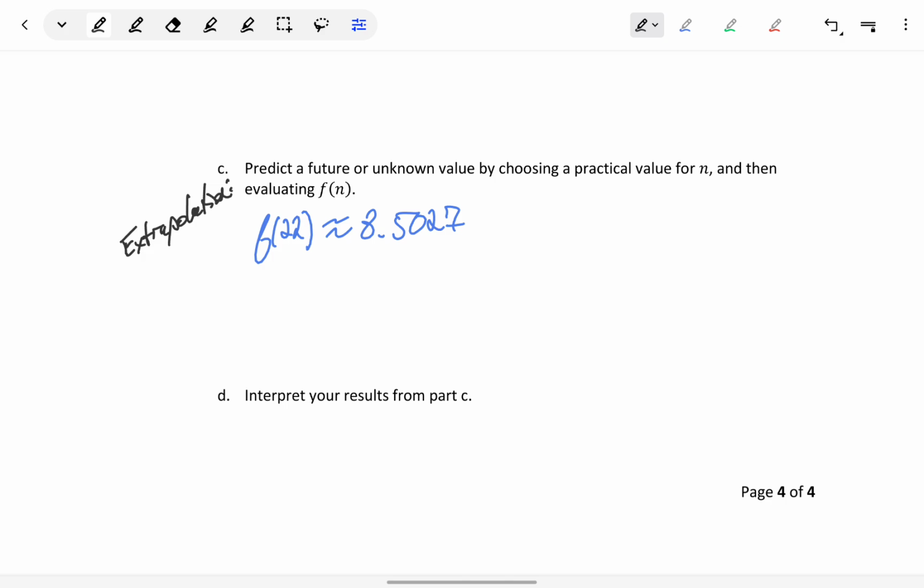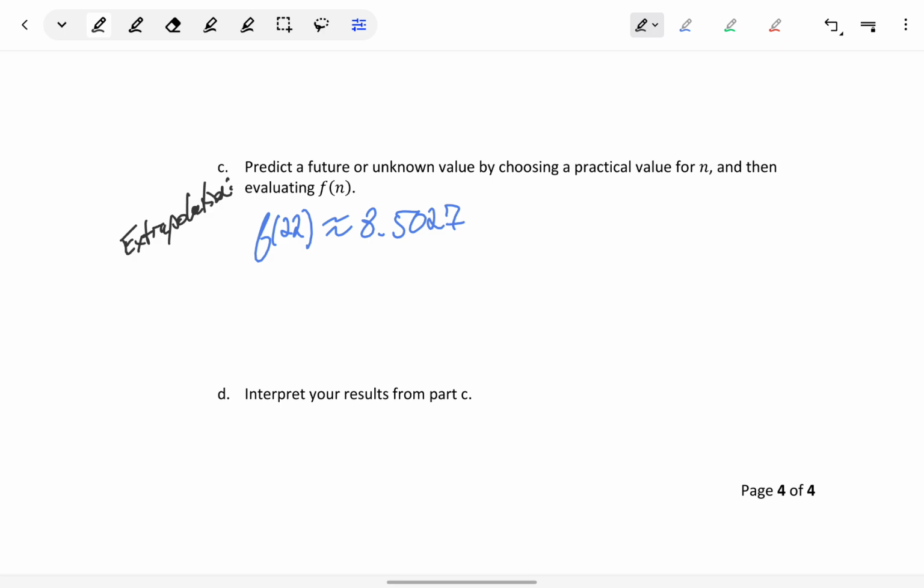But we're not extrapolating very far beyond the original data. So while extrapolation does get us into this realm of potentially less reliable results, the closer we are to that original data, it's more likely the model still fits. So this number we're going to assume is fairly reliable.